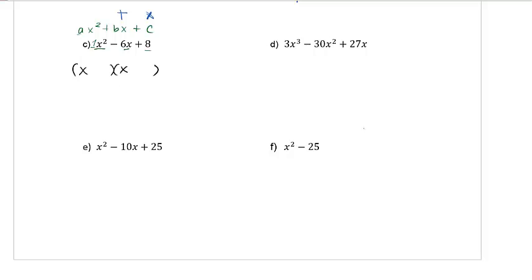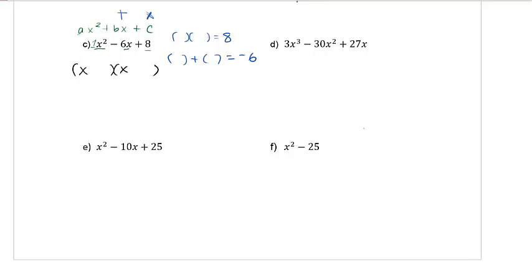So I want two numbers that multiply to be 8. I've seen people write it like this. Perhaps you remember this. One number times another number needs to equal 8, and one number plus the other number needs to equal the b term, or negative 6.